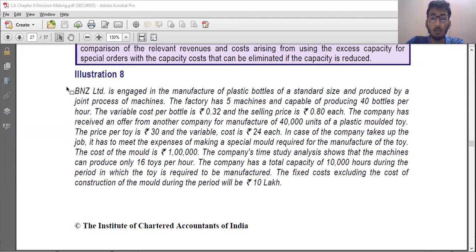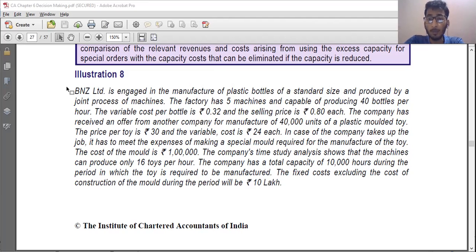The company has received an order from another company to manufacture 40,000 units of a plastic molded toy. Okay, the price per toy is 30 rupees and the variable cost is 24 rupees. In case the company takes up the job, it has to meet an expense of making the special mold required for manufacturing the toy. It would cost 1 lakh rupees.